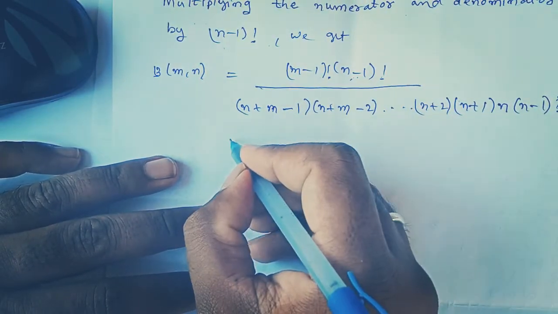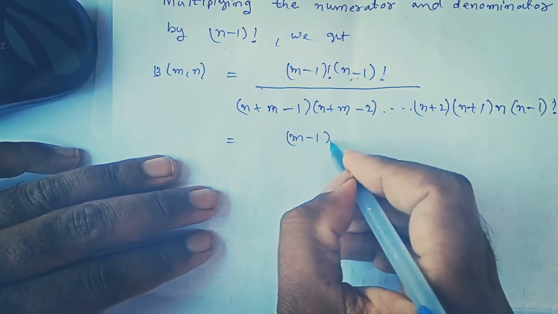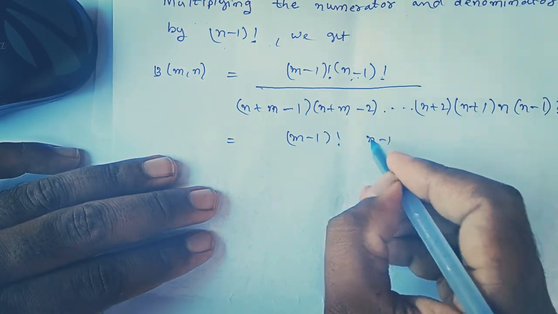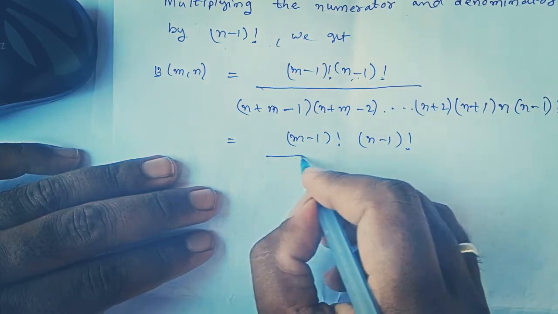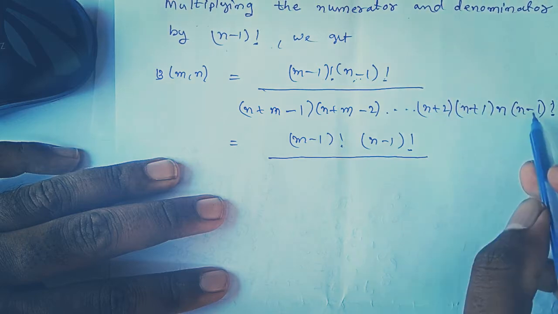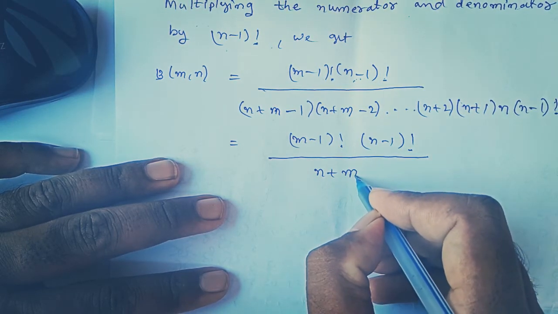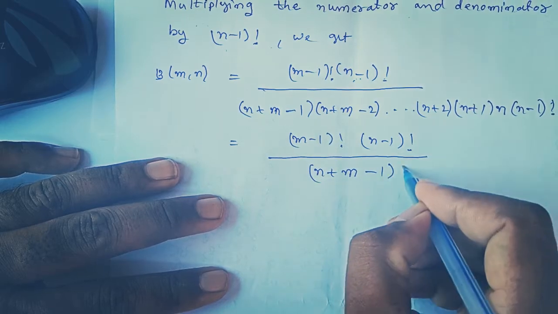Therefore this is simply m minus 1 whole factorial into n minus 1 whole factorial by all of this, which becomes n plus m minus 1 whole factorial.